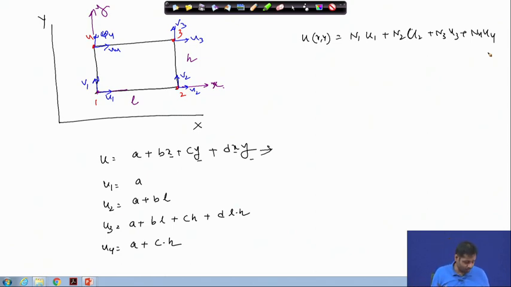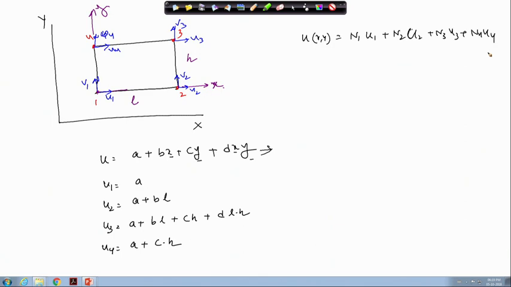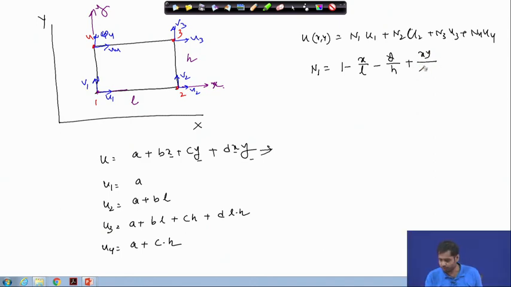And what is the expression for n? I will just write the expression for n. N1 will be 1 minus x by L minus y by h plus xy by L into h, and then n2 will be x by L minus xy by L h.